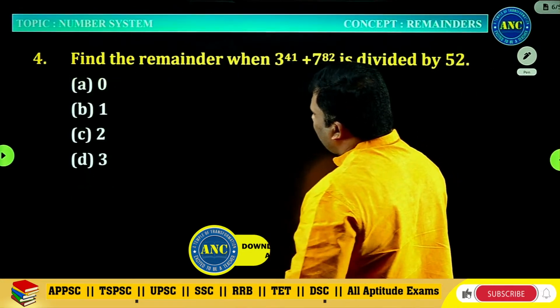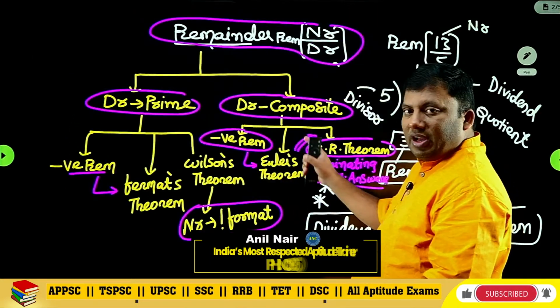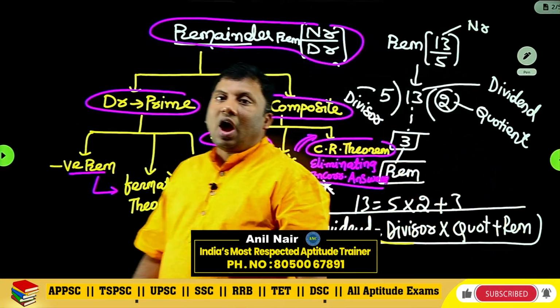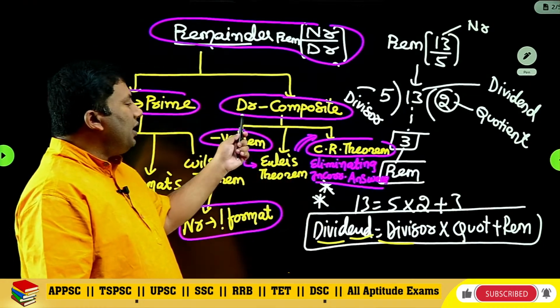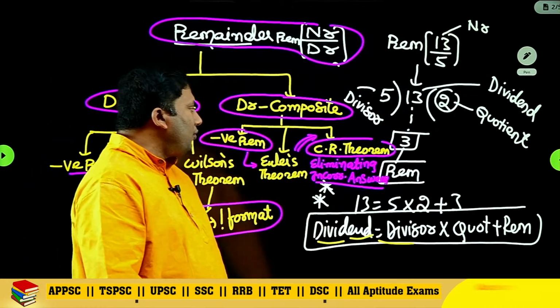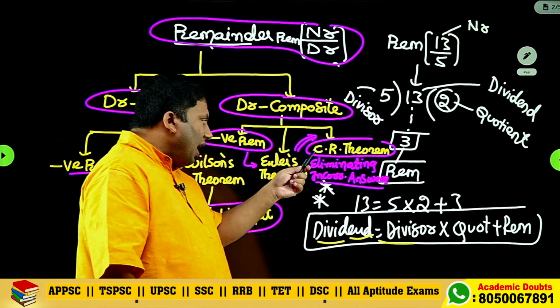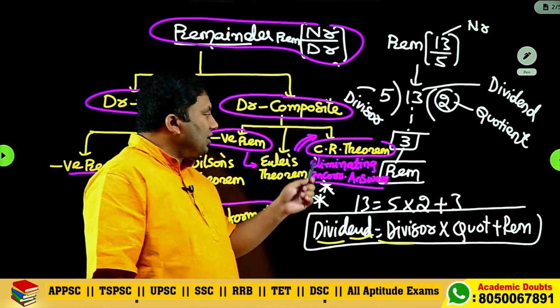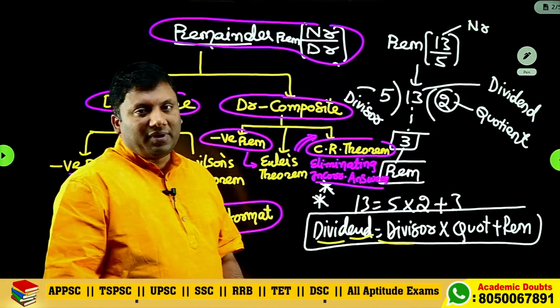What I told you, sir, please see here. If the denominator is a composite number, here denominator 22 is a composite number, I can eliminate incorrect answers using the Chinese remainder theorem.